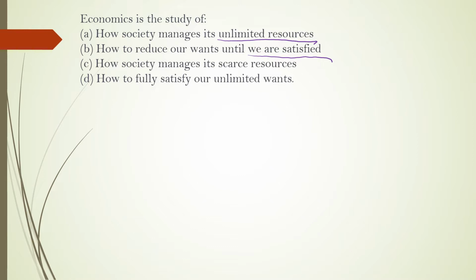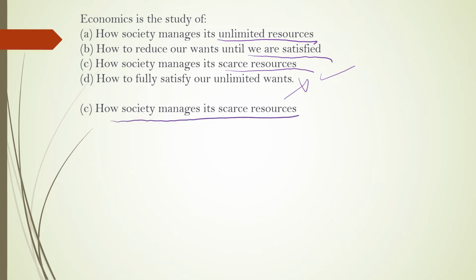How society manages its scarce resources. Correct. How to fully satisfy our unlimited wants? No, we cannot satisfy all our wants as we have limited resources in comparison to our wants. So the right answer is how society manages its scarce resources.